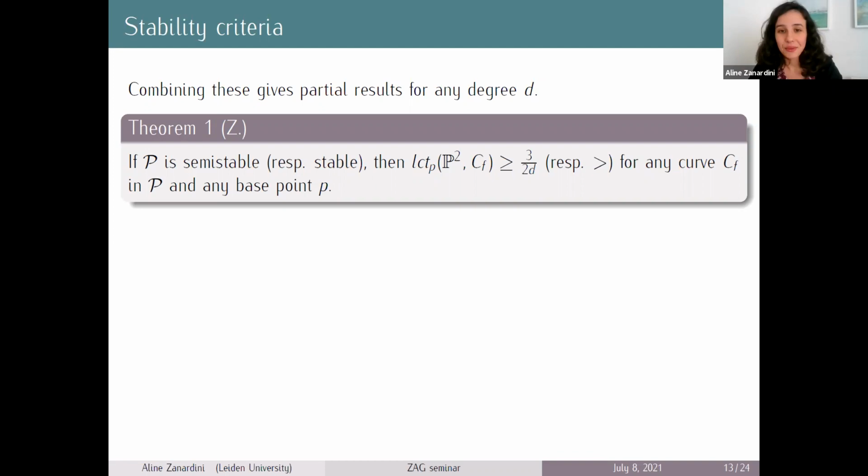And note that the bound that appears here is 3/2d, which is the inverse of what appeared in the Hilbert-Mumford criterion. Okay, so this is the first result.